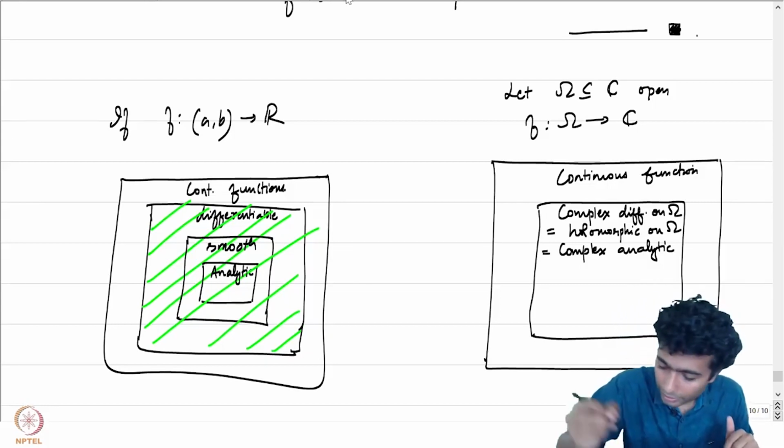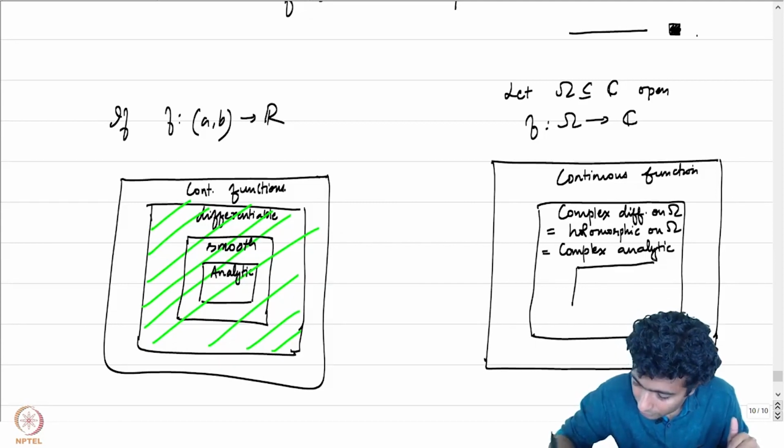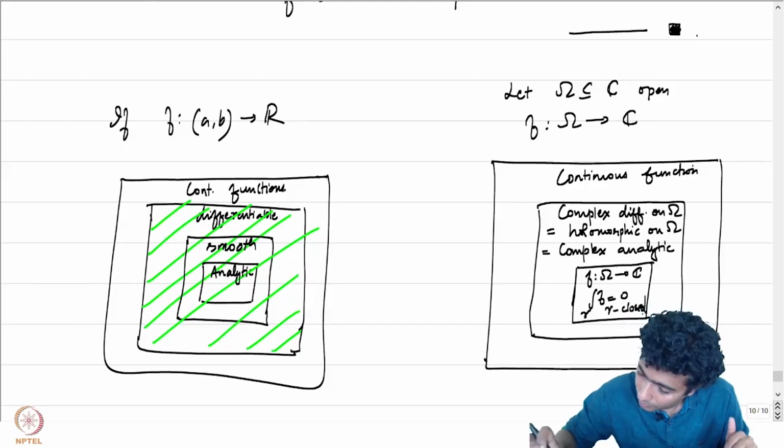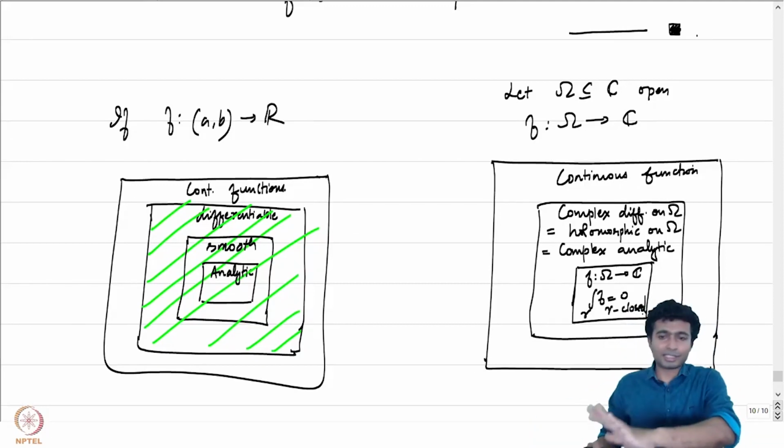Of course, there is one more interesting class of functions which can be put down here. This is the set of all those functions f from omega to C such that integral of f over gamma is equal to 0, where gamma is a closed curve. Now notice that that's actually a special class.